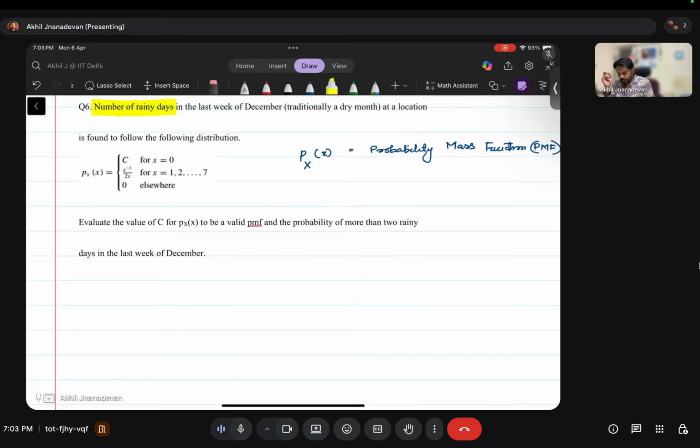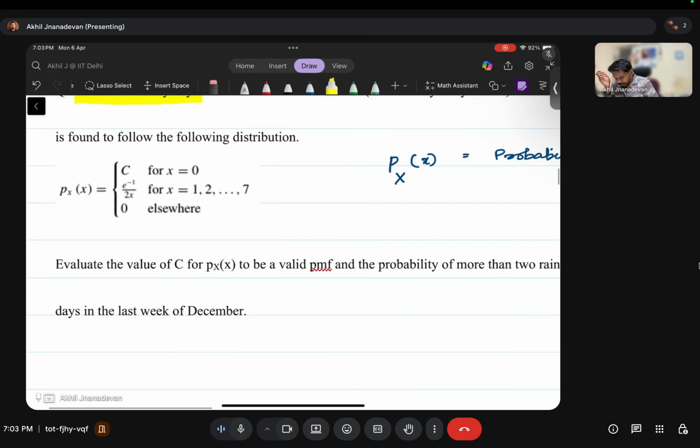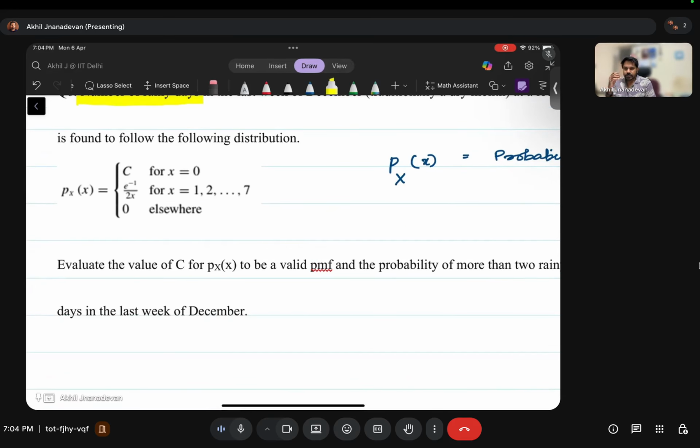And when x is equal to 1 to 7, the number of rainy days can be a minimum of 0 and a maximum of 7 in a week, the probability is given by e raised to minus 1 by 2x. That is the expression for probability. For each x, it will have a particular discrete probability value. And elsewhere, if x is greater than 7 or less than 0, we have 0.